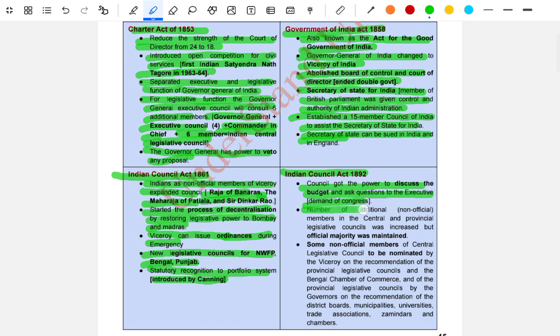The number of additional non-official members in the central and provincial legislative councils was increased, but the official majority was maintained.